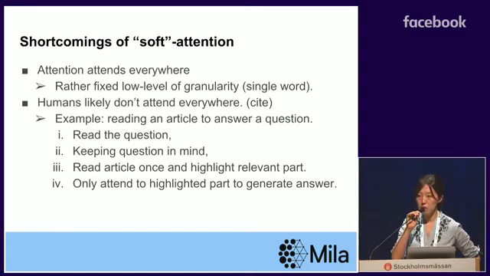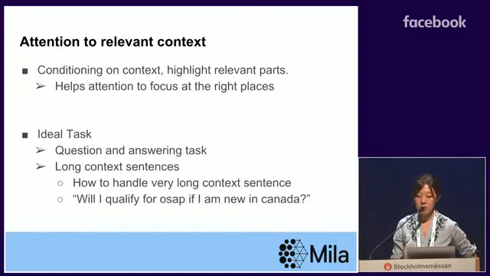You wouldn't go through the entire article, entire text over and over again. So taking this intuition into account, we really want to build a RNN with attention that's conditioned on the context, on the question. We'll highlight the relevant parts.